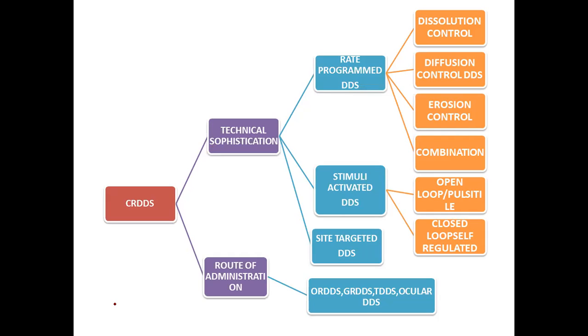Okay, so basically controlled drug delivery systems are classified in two ways. First, depending upon the technical sophistication, and second, depending upon the routes of administration. The technical sophistication is again categorized into three major classes.